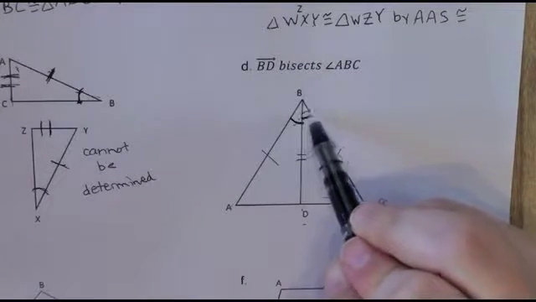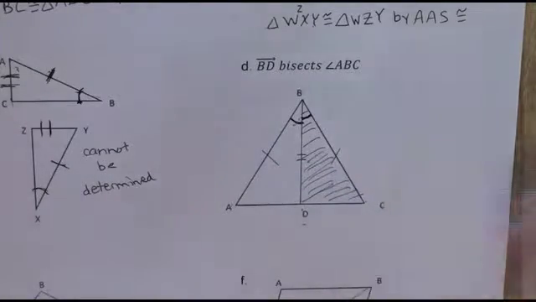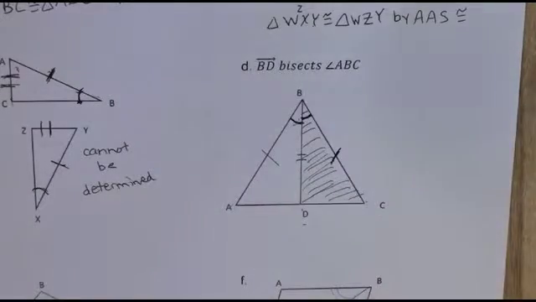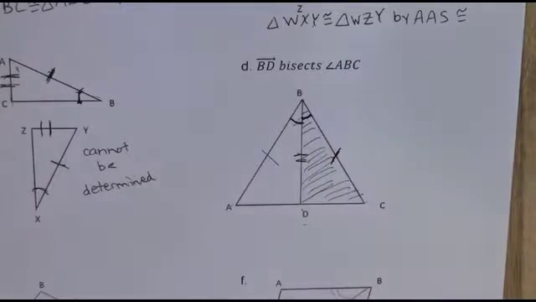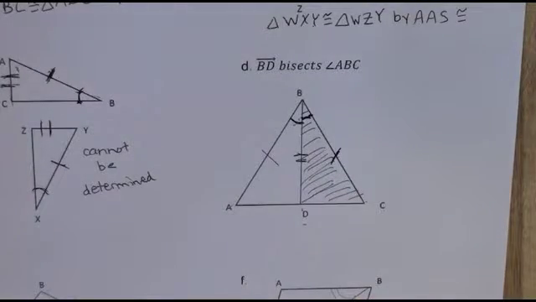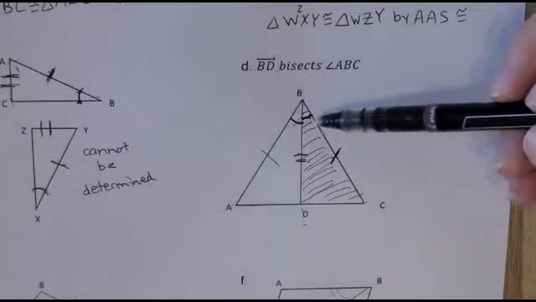And we can focus on one triangle, maybe this one on the right side. In the triangle on the right side, we have a congruent side on the right, we have a congruent side on the left, and we have a congruent angle. Two sides and an angle, just like before. But the question is, where is the angle?